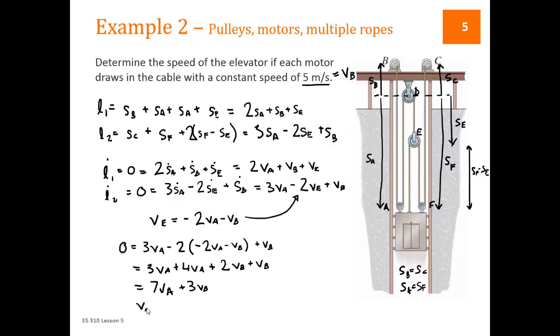So VA is equal to 3/7 of VB, which is 3/7 of 5, which is 2.14. The units are meters per second, and the direction is upwards, because the motors pull up, the elevator goes up. So our answer is 2.14 meters per second.